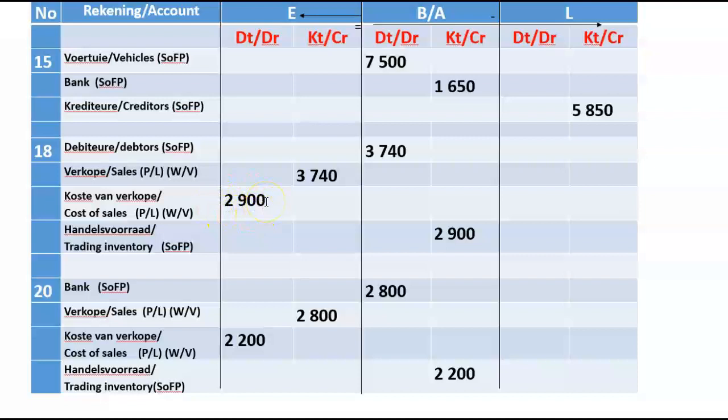How much profit did we make on this transaction? Income was 3,740. Expenses is 2,900. So the net profit on this transaction was 840 Rand. And the credits are more than the debits, so therefore we know that our equity has increased in net with this transaction with 840 Rand, which is the net profit on that specific transaction that took place.